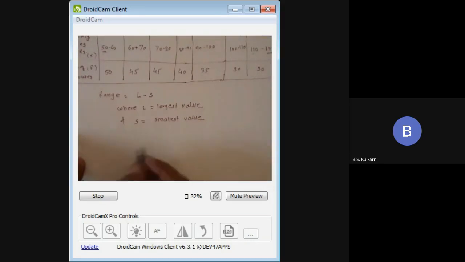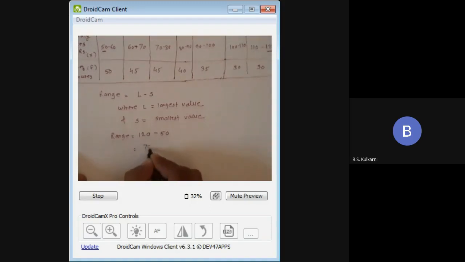Okay, so put the values into the formula: range is equal to 120 minus 50, that is 70. This is the range.